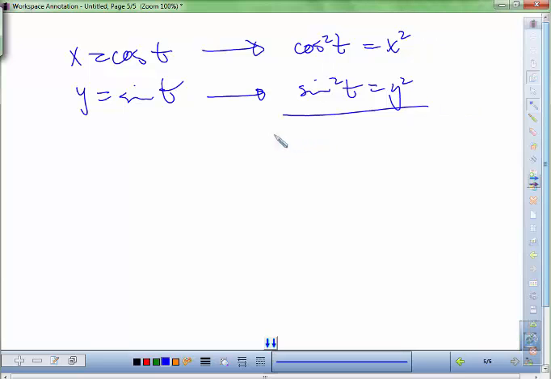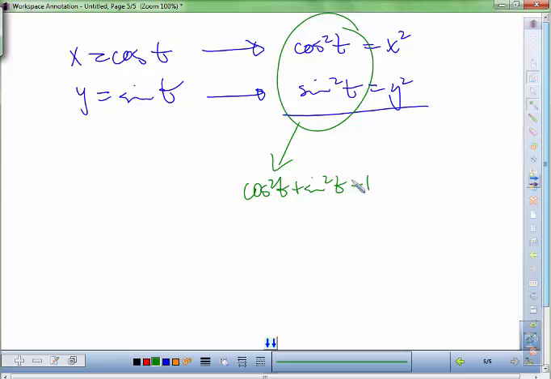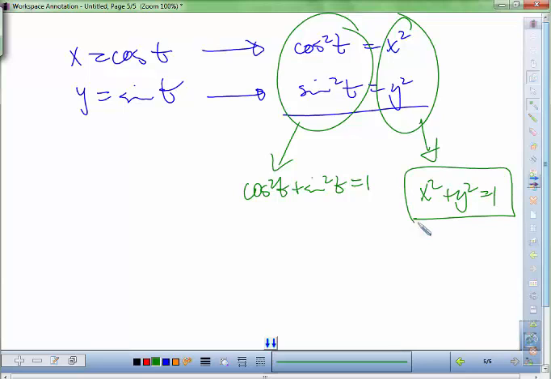So if I add these two things, I would have cosine squared t plus sine squared t is equal to 1. But your idea is to eliminate the parameter, right? So you take a look at the other side. Oh, that's x squared plus y squared is equal to 1. So that is your image in Cartesian coordinates of this particular set of parametric equations.